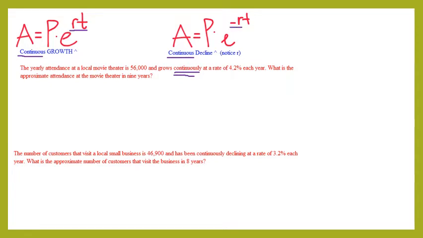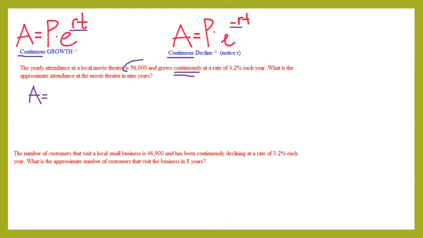So here we go. Let's just plug these in. Now, I do want to point out, E is not a variable. E is literally a value and a button on your calculator. So here we go. A equals P. Our P is, again, just your principal, your starting amount.